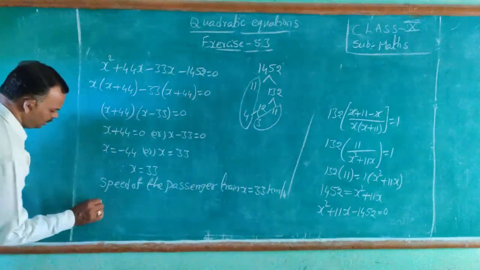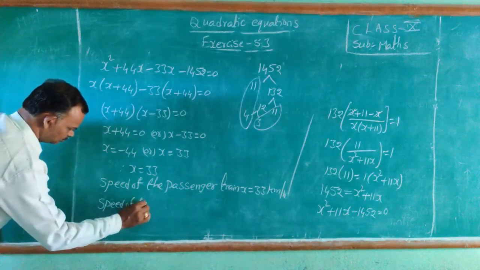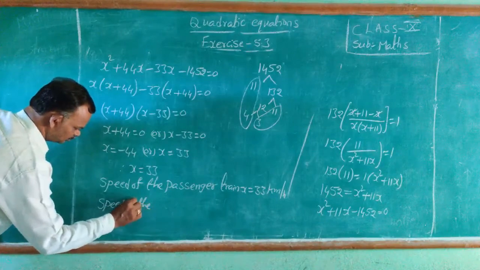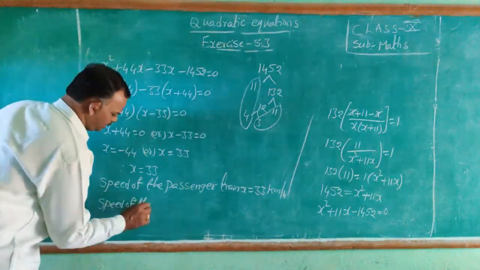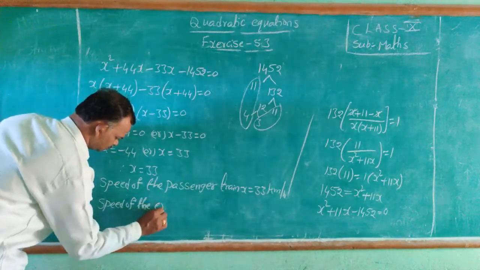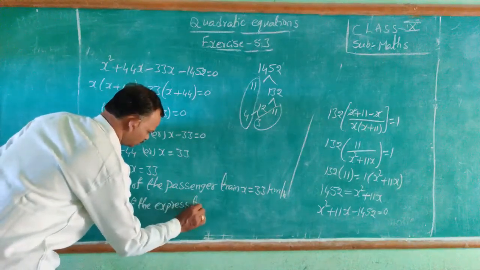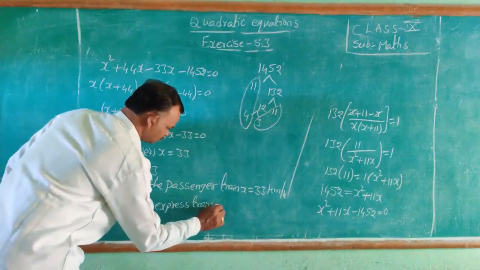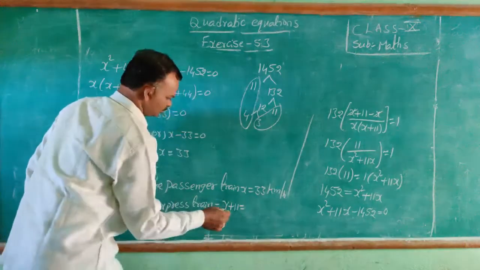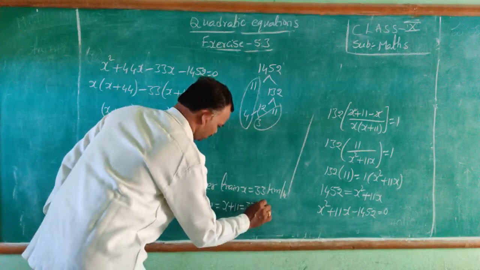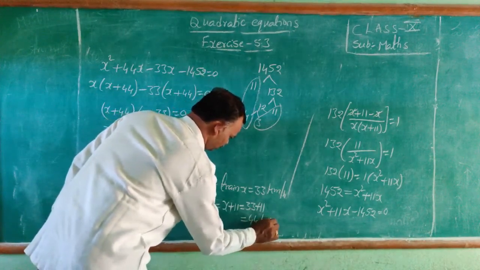Next, speed of the express train is equal to x plus 11, that is equal to 33 plus 11, that is equal to 44 kilometer per hour.